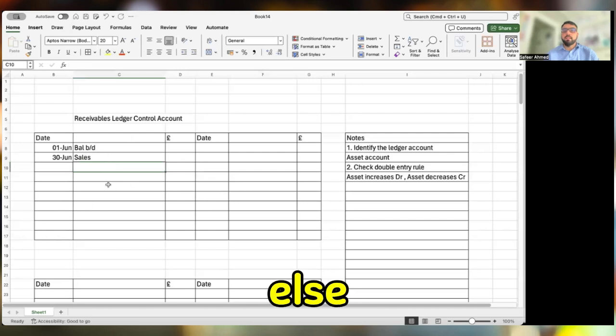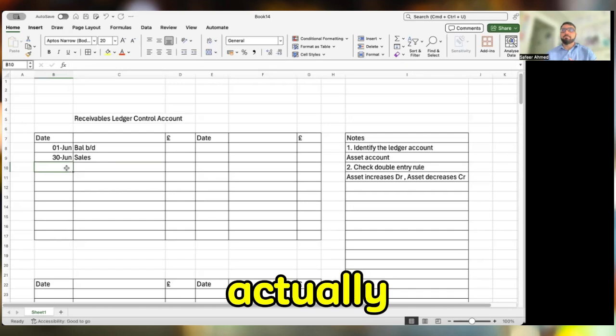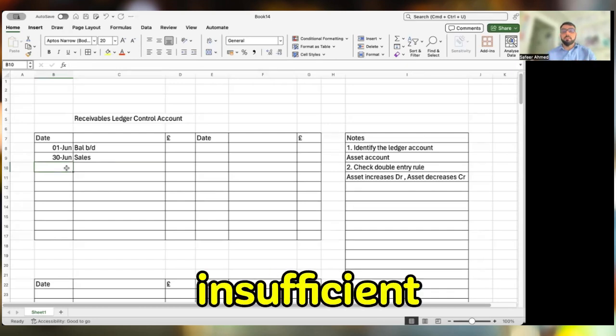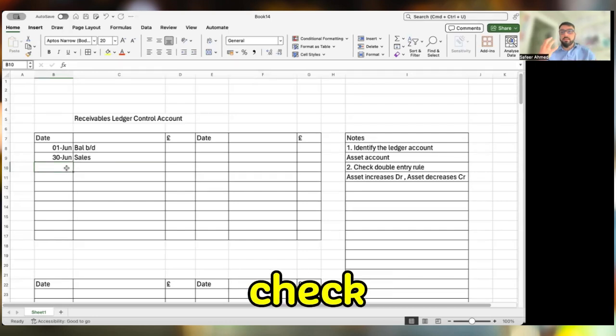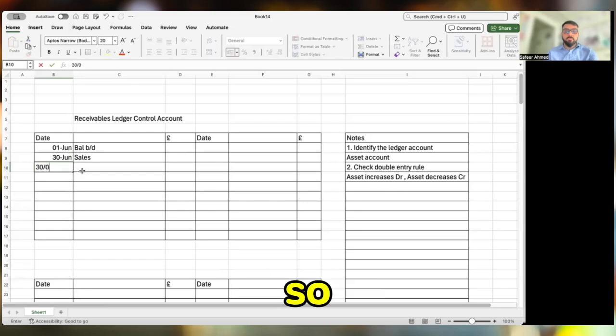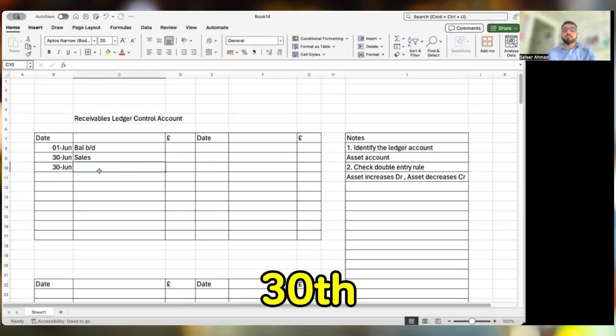And what else can increase it? Let's suppose your customer paid you, but you could not cash the cheque due to insufficient balance. In other words, the cheque has bounced back. In that case, we call it a returned cheque. Let's suppose this is on 30th of June.